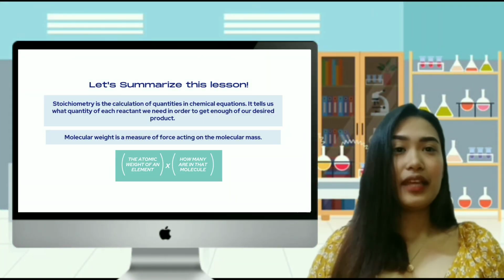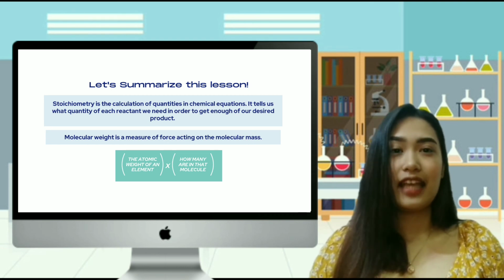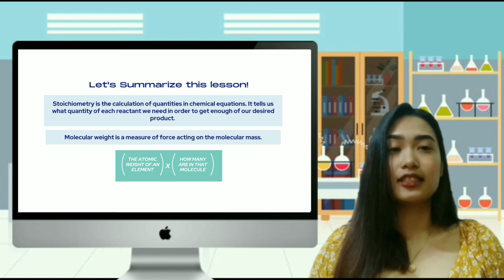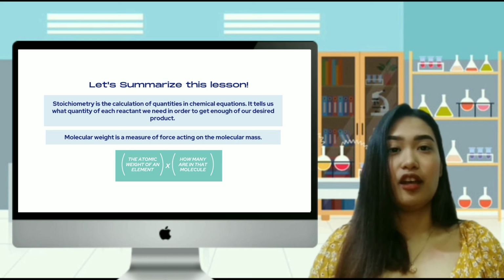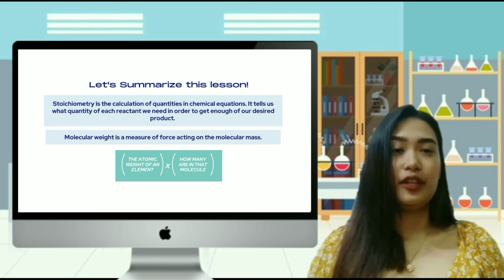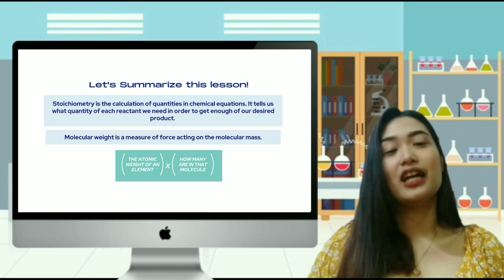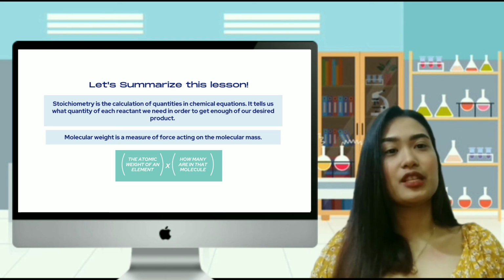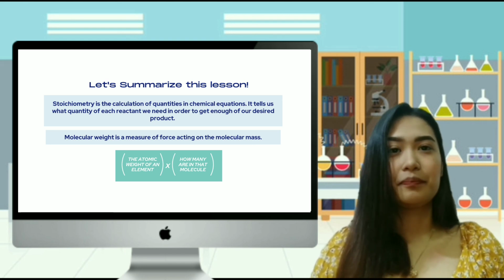In this lesson, we have learned that stoichiometry is the calculation of quantities in a chemical equation. It tells us what quantity of each reactant we need in order to get enough of our desired product. Because of its real-life application in chemical engineering as well as research, stoichiometry is one of the most important and fundamental topics in chemistry.